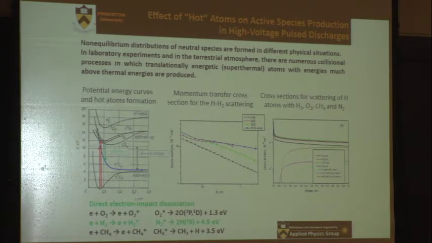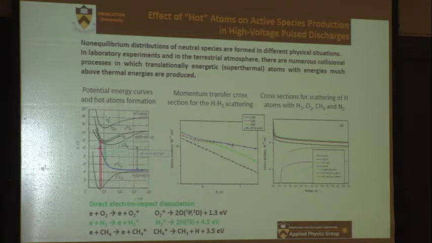This energy, 4.5 eV, after dissociation, makes this hydrogen very hot. That means the translational speed is very high, higher than the translational temperature of the surrounding mixture. Okay?